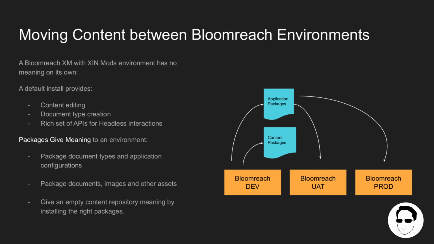Now, when you want to implement these changes on other environments, one approach would be to really keep track of all the changes you've made to your document types and execute them in exactly the same way and order on other environments to get them up to date as well.